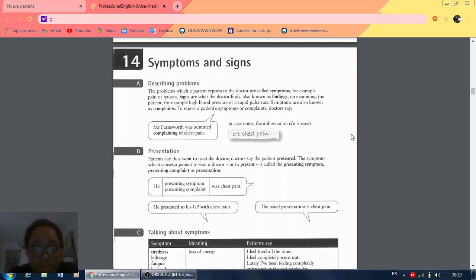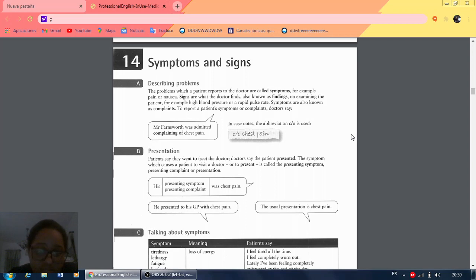For example, blood pressure and pulse rate. Symptoms are also known as complaints. To report the patient's symptoms, the doctor said, Mr. Frank, what is admitted complaint of chest pain, in the case notes abbreviated.